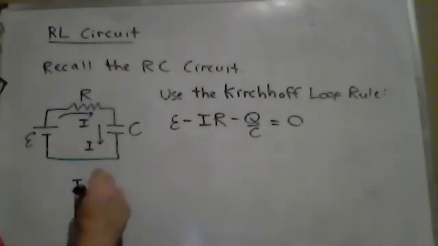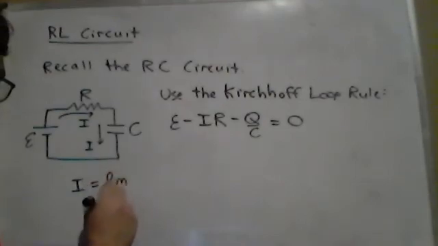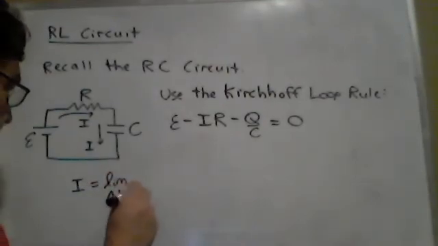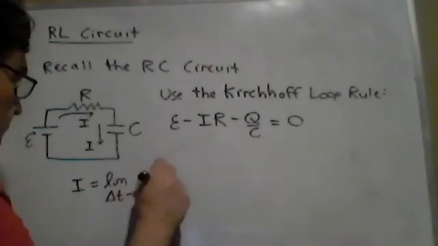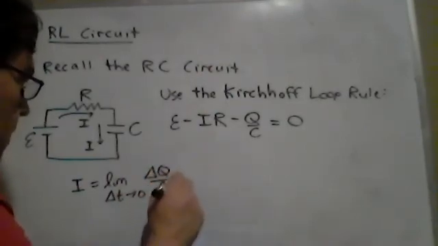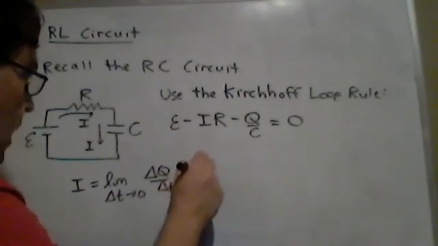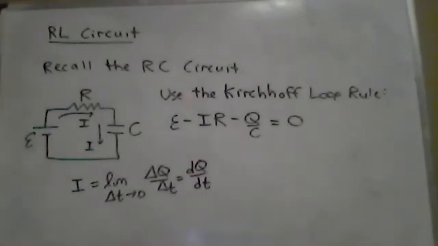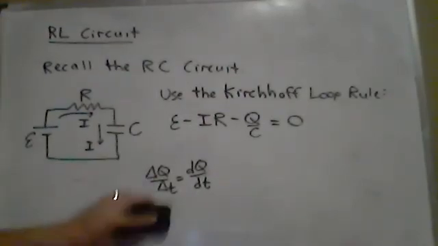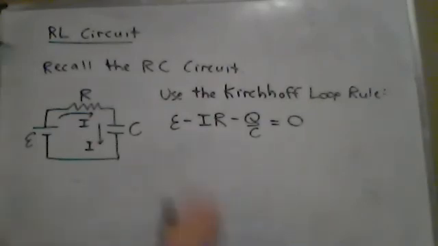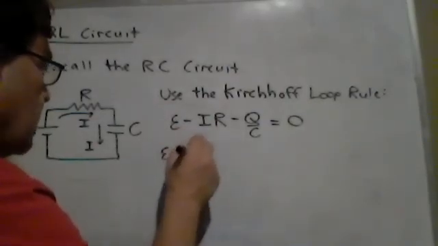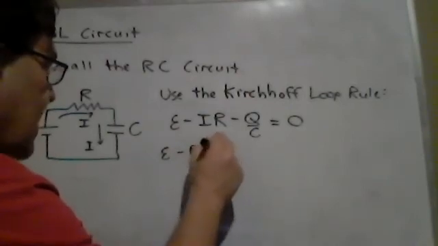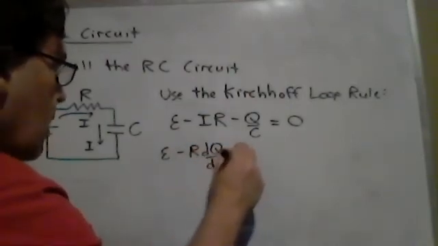The current is the limit as delta t approaches 0 of delta Q over delta t, which is the first time derivative of the charge. So instead of I, I can substitute dQ/dt.